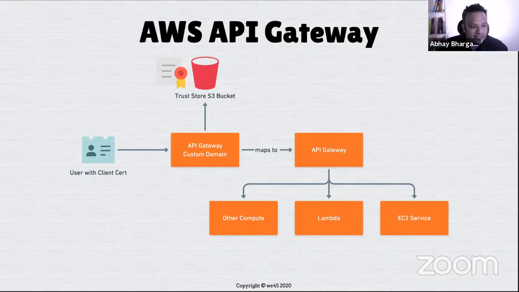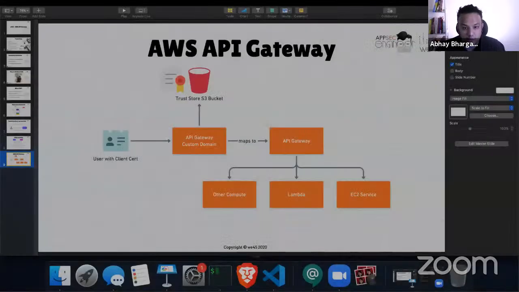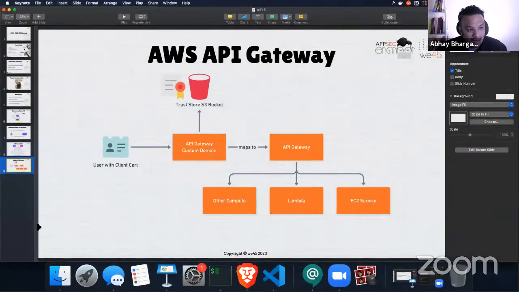Let's say I'm going to use Lambdas today because they're just easy to spin up, but this could be any other REST or HTTP service that you want to route to, right? That's what we're going to be doing, and I'm going to be doing a live demo of this as we go along.